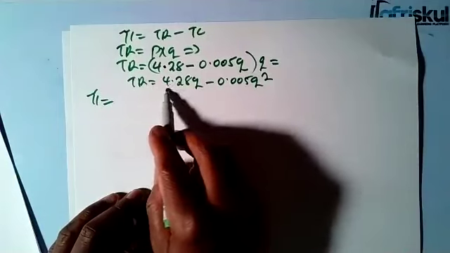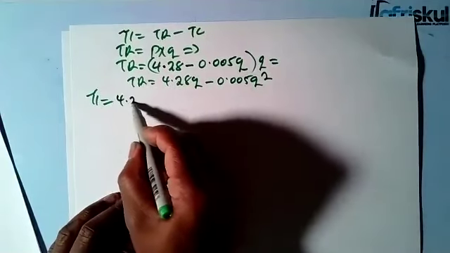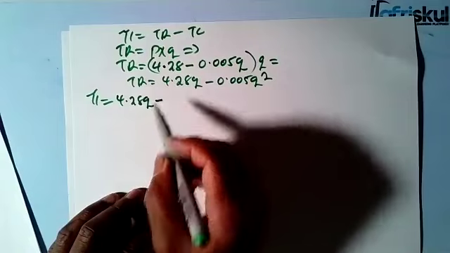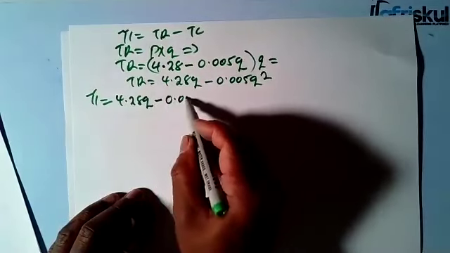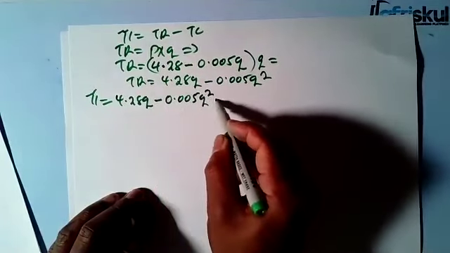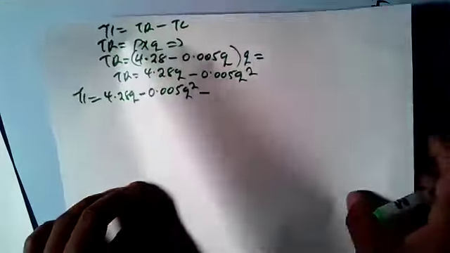You take the total revenue, which is 4.28Q minus 0.005Q squared, minus the total cost.